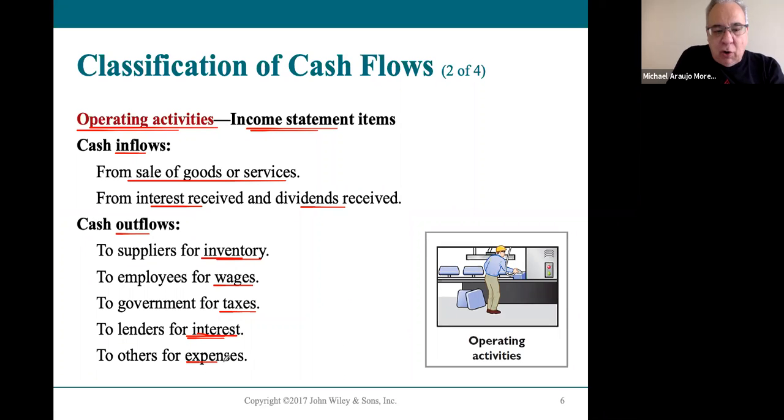And of course, all other expenses that you have that require cash to pay, whether it's insurance expense or others, you're going to need cash to do that. So again, cash flow measures cash that is flowing in, cash that's flowing out. Okay.